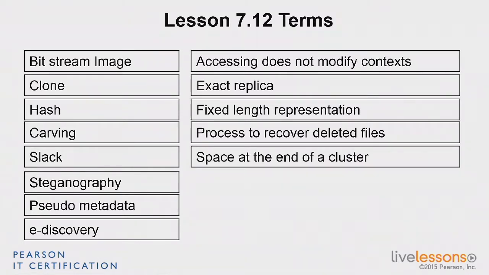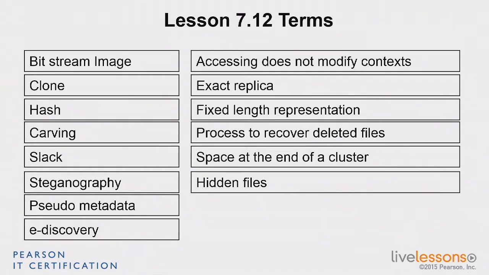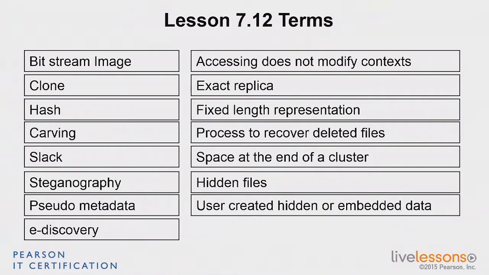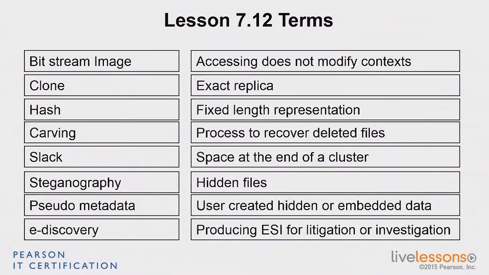Slack is the unused space at the end of a cluster. Steganography is hidden files. That's when we hide a file within some other media. Pseudo-metadata is user-created hidden or embedded data. And e-discovery is producing ESI for litigation or investigation.